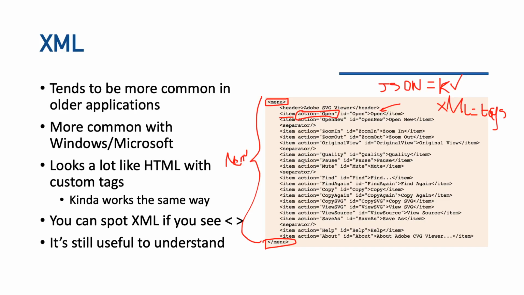Some of the other things of note here is that we can have, like HTML, a tag which just ends with nothing in it as well. It's definitely more common in Windows land, and if you're familiar with the vulnerability XXE, which stands for XML entity injections, this is when you'd find it in XML.